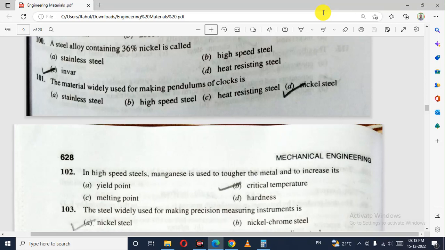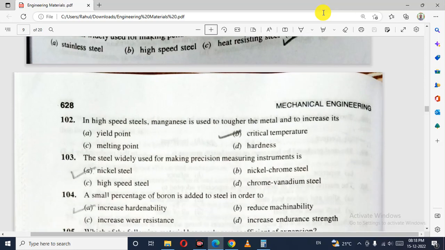The steel widely used for making precision measuring tools is nickel steel. A small percentage of boron is added to steel in order to increase hardenability.